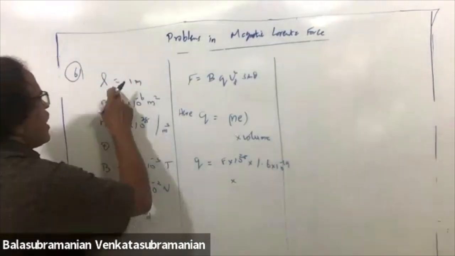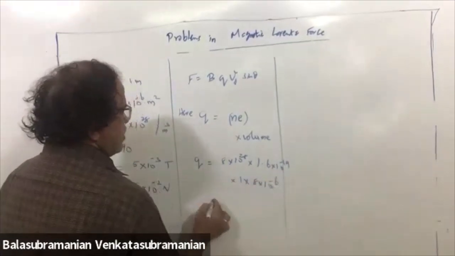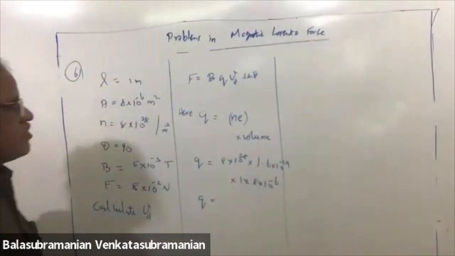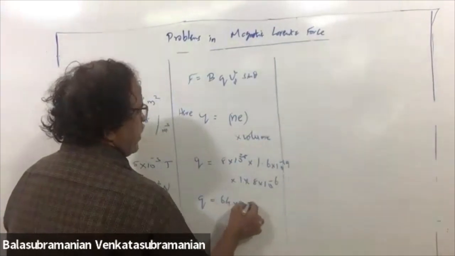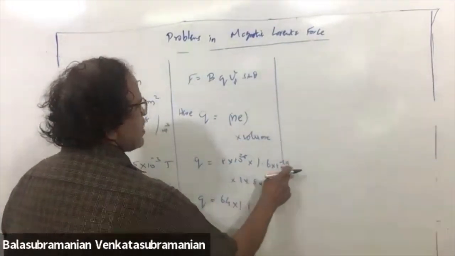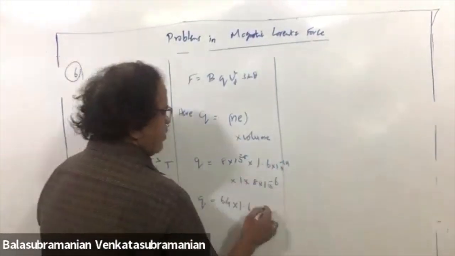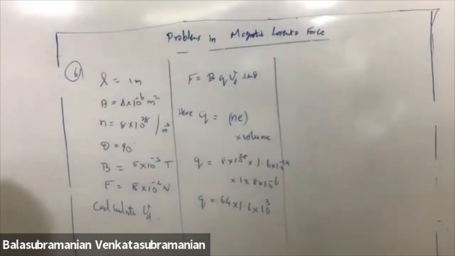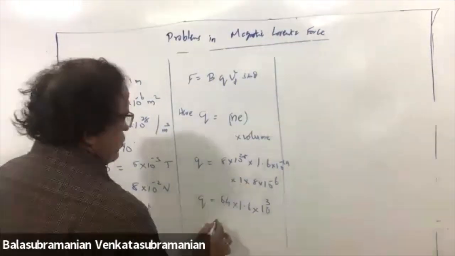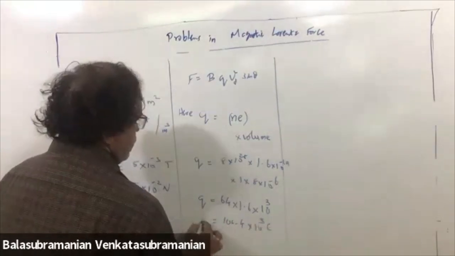Volume A into L, that is 1 into 8 into 10 power minus 6. 64 into 1.6, 10 power minus 19 minus 6, plus 28, 10 power 3. 102.4 into 10 power 3 coulomb.